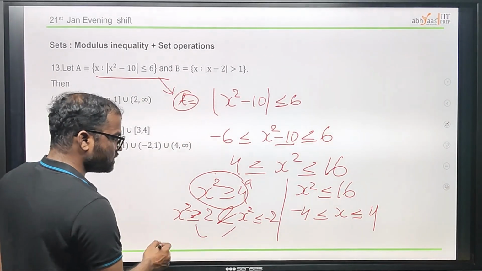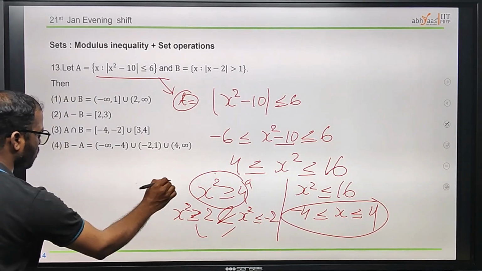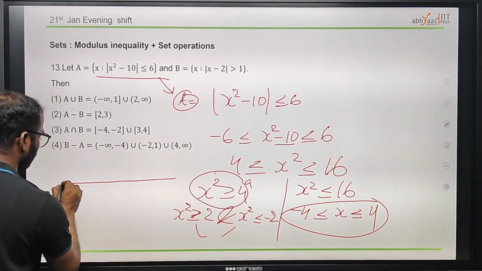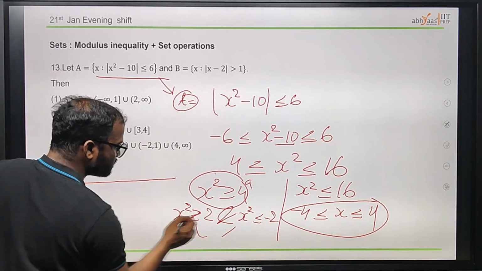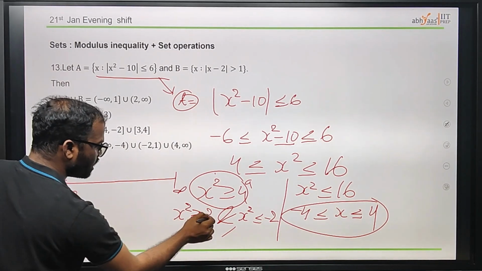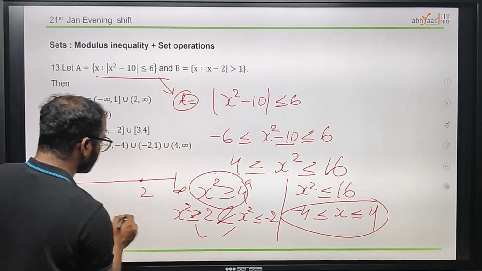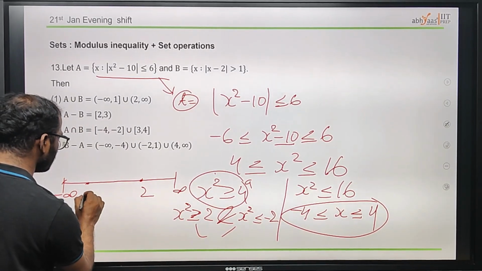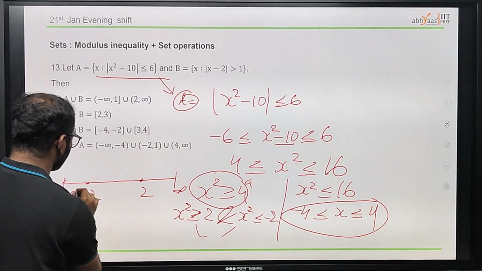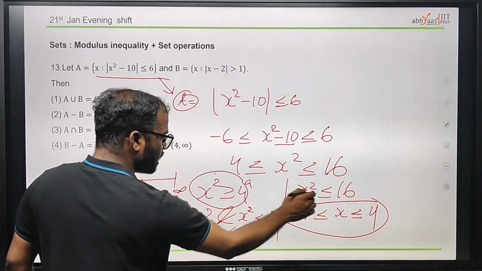Okay, now if you see here, if you just draw the number line of this one, we have x greater than or equal to, x less than or equal to, that will be our minus infinity to infinity, and x greater than or equal to 2. From here we have 2 here, and x less than or equal to minus 2 here, and we also have minus 4 and 4 as well.